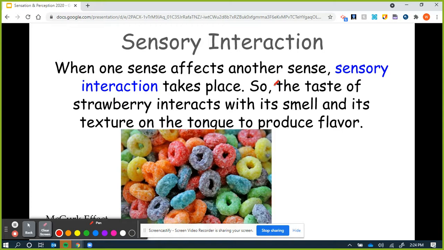That's why little kids think that red M&Ms taste different than brown M&Ms, because they believe that the color has a certain taste. Flavor is a combination of the smell and the taste of something.